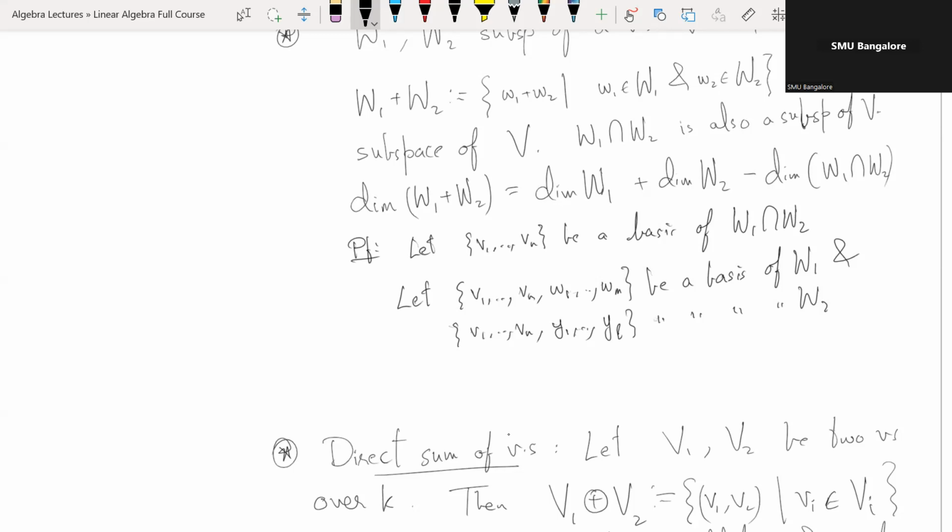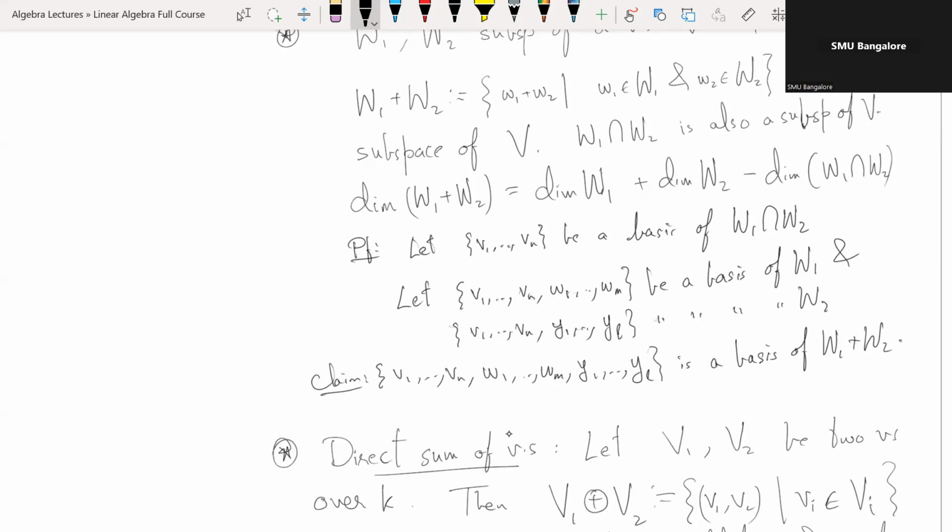One has to verify that V1 to Vn, W1 to Wm, Y1 to Yl, the claim is that this is a basis of W1 plus W2. If we prove this, then the formula is clear, right? Because the left-hand side will be n plus m plus l, and the right-hand side is also n plus m plus l. So you only have to check this.